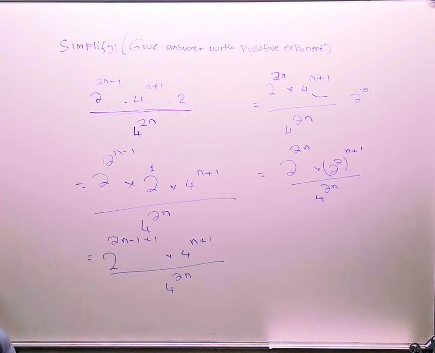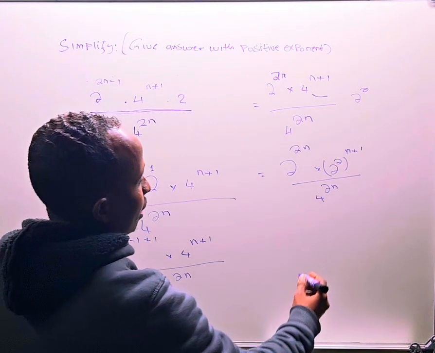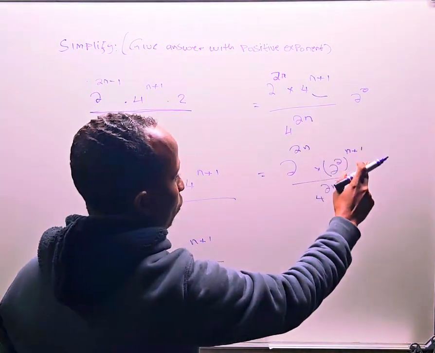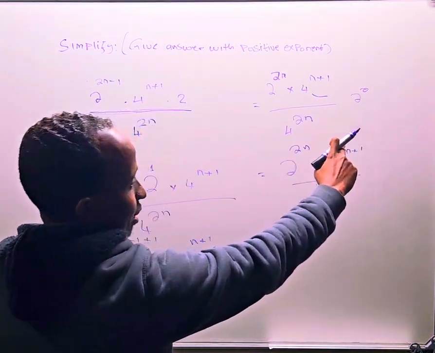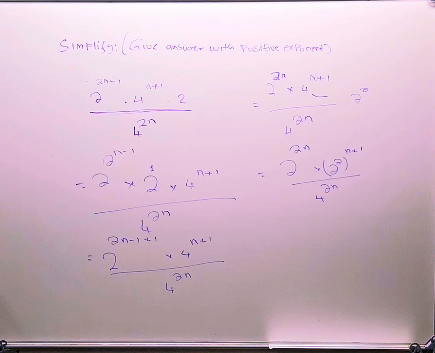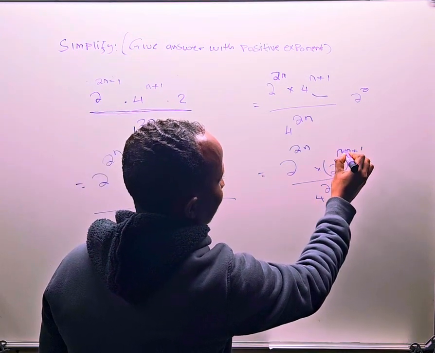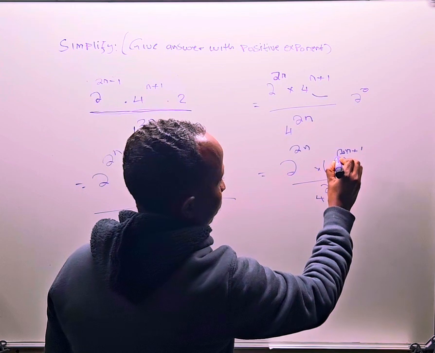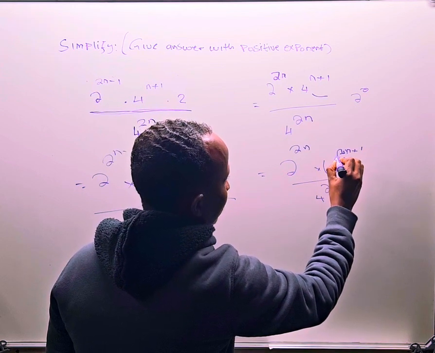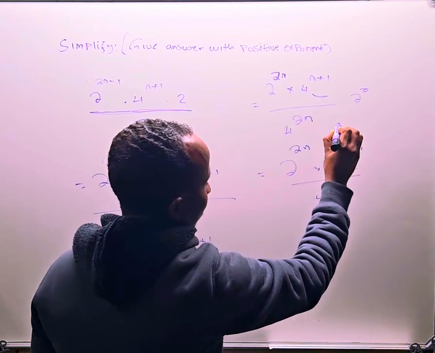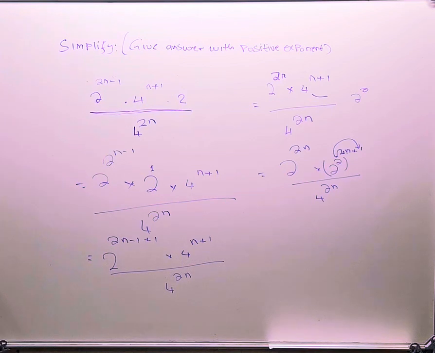Now recall law 3 of exponents, which says if you raise a power to a further power, multiply the exponents. I therefore need to multiply this exponent by this exponent. So 2 times n, and also multiply the added 1: 2 times 1.